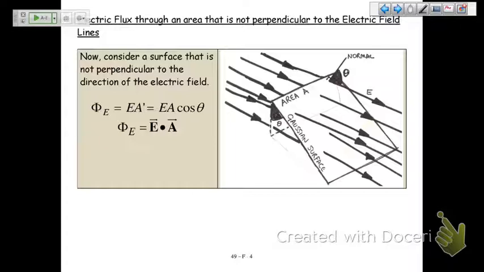Let's say I give you the angle between the perpendicular direction and the angle of my card. Then the area that I want is not the area of the card. It's the area of this perpendicular projection.